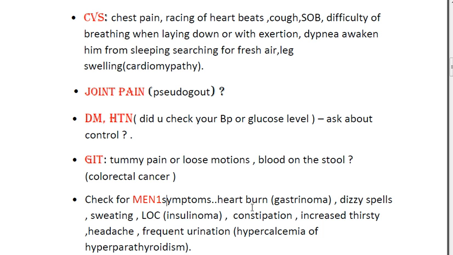You have to ask about heartburn and acid brash sensation, or spells of sweating and loss of consciousness for insulinoma, and constipation, increased thirst, headache, frequent urination as hypercalcemia of hyperparathyroidism. MEN type 1 is hyperparathyroidism, and pancreatic tumor, maybe gastrinoma or insulinoma, and pituitary adenoma, which is acromegaly.